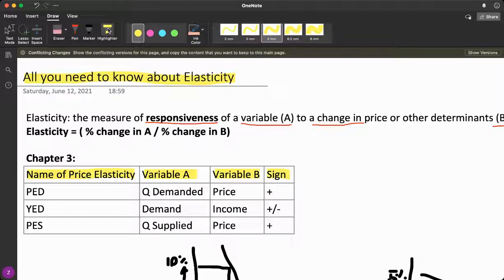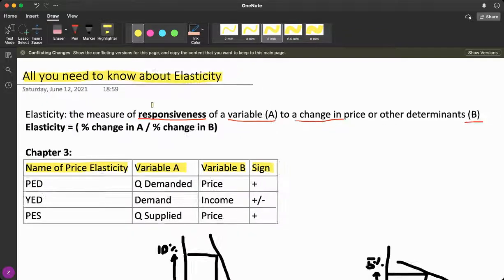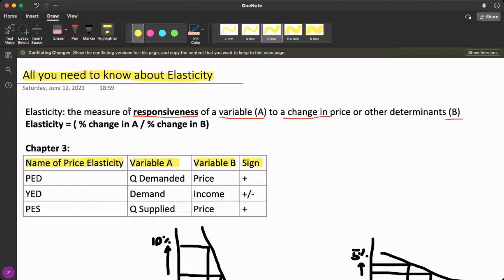So today I'm going to do a quick run through, and it will cover almost everything that you need to know for this topic in a pretty clear and easy way. In chapter 3, we learned price elasticity of demand, PED, price elasticity of supply, PES, and finally income elasticity of demand, YED.